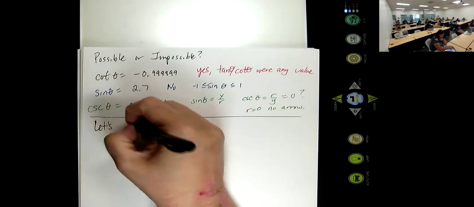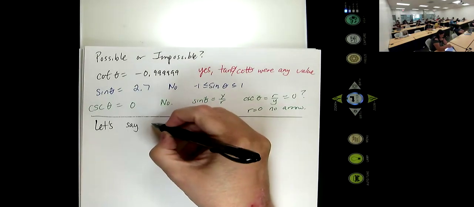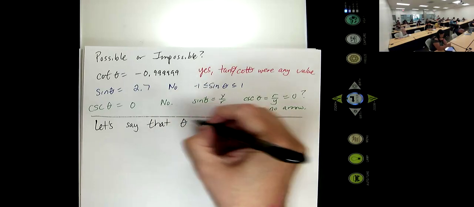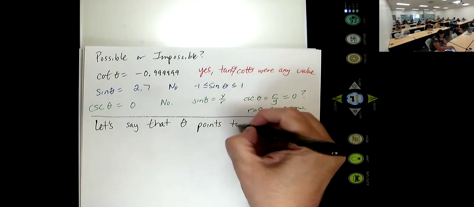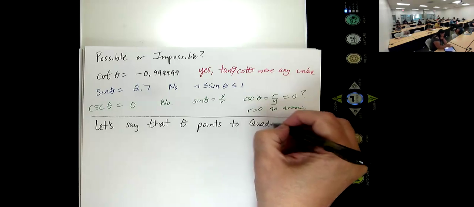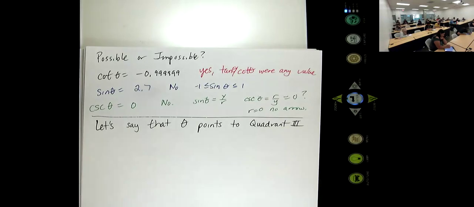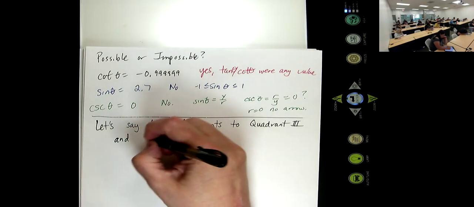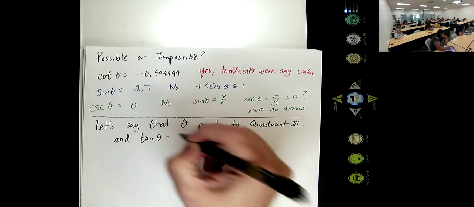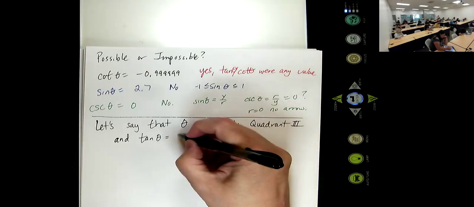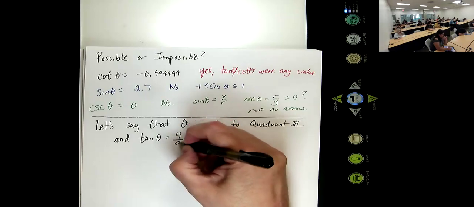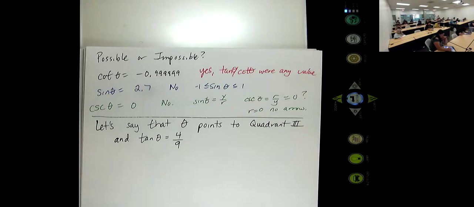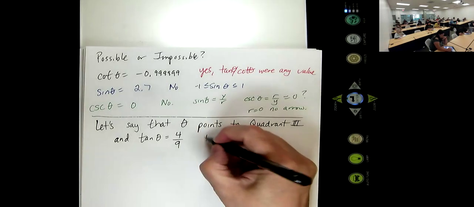Let's say that theta points to quadrant 3, and tangent theta equals, I don't know, 4/9. Find the 6 trig values.